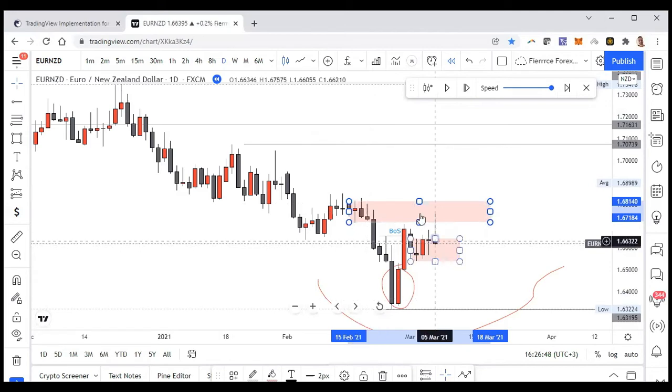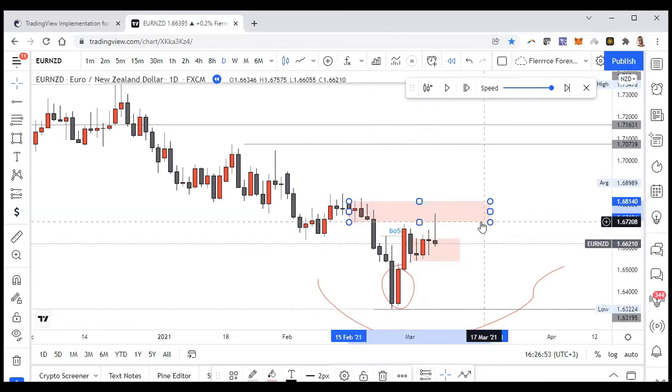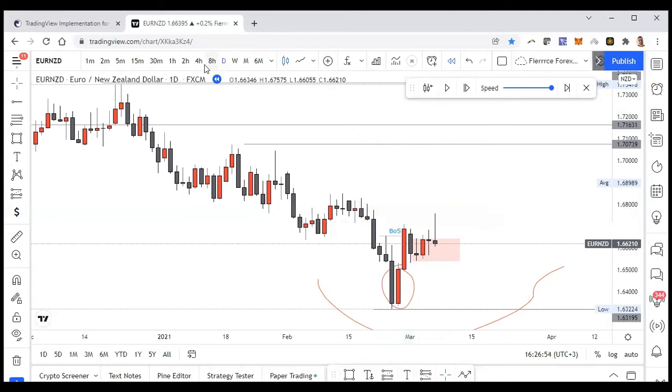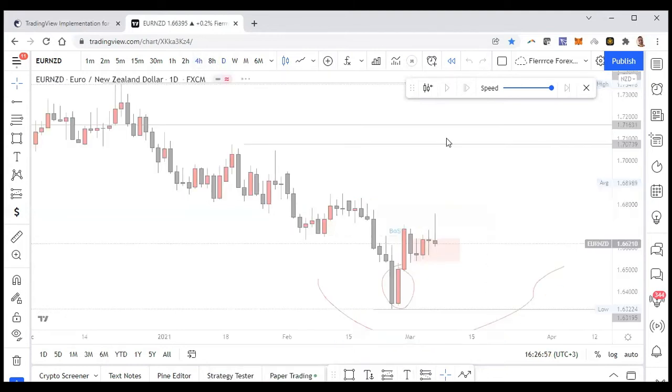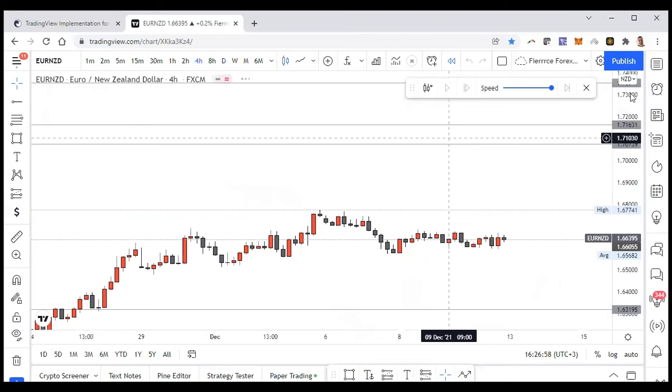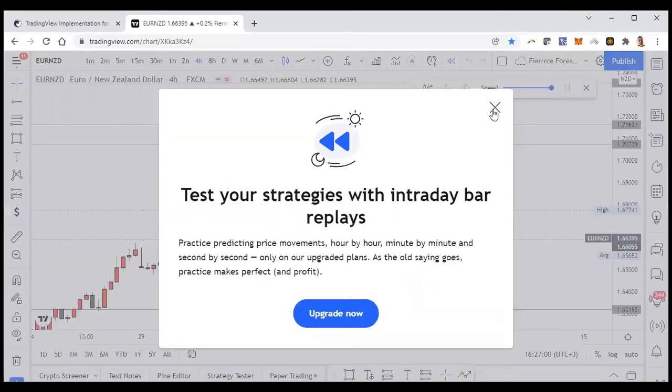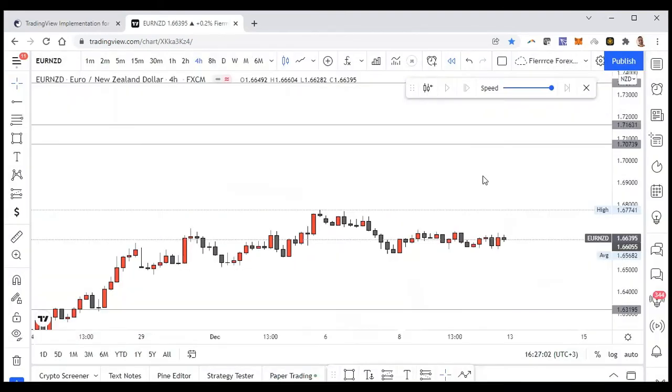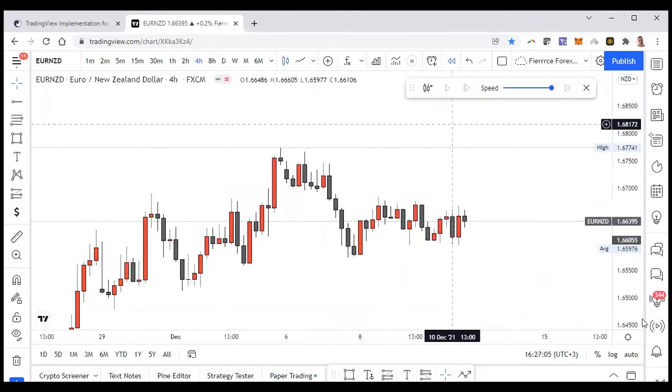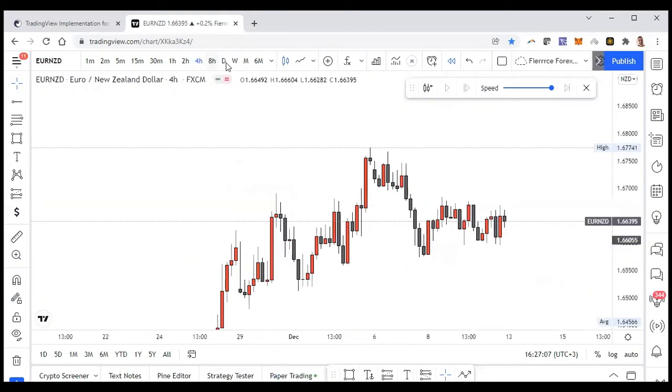And this is on the daily. If I was to refine this further and go on, let's say, a 4-hour, I'll probably be able to see a bit more. So let me go back to the daily.